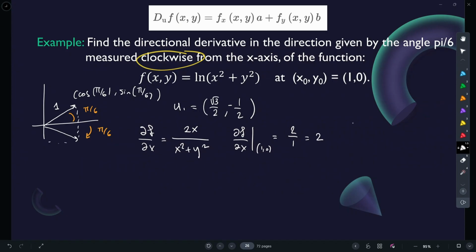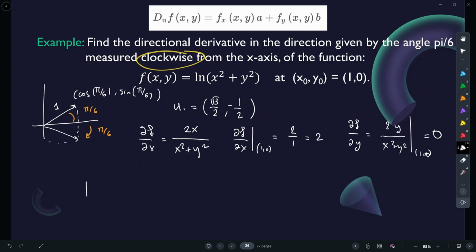The derivative with respect to y will be very similar. 2y over x squared plus y squared. And if I evaluate at (1, 0), because the y is 0, I get 0.